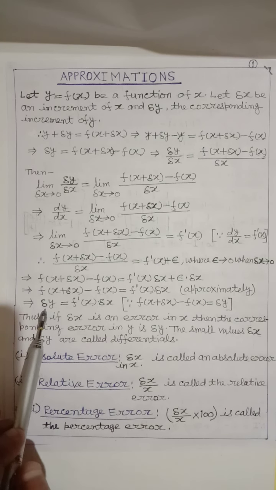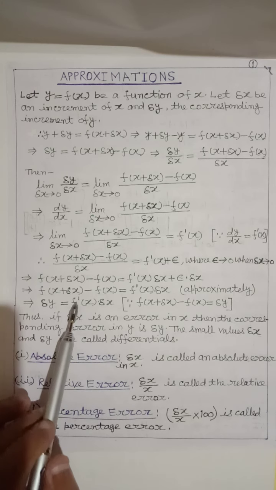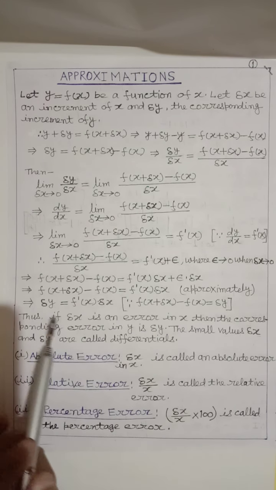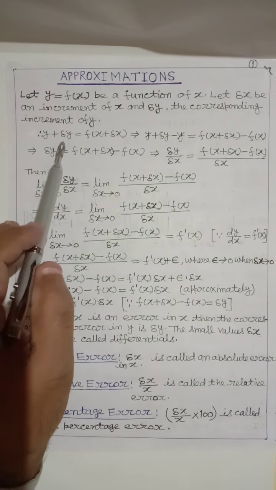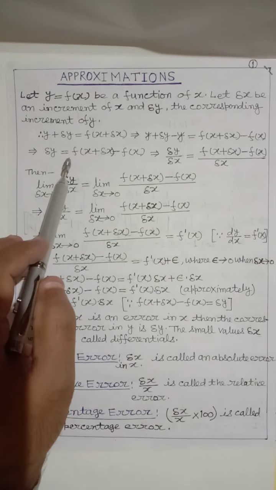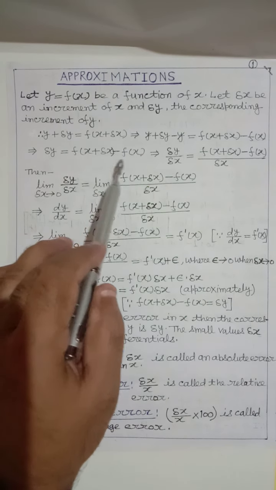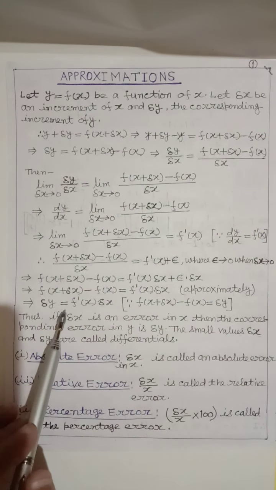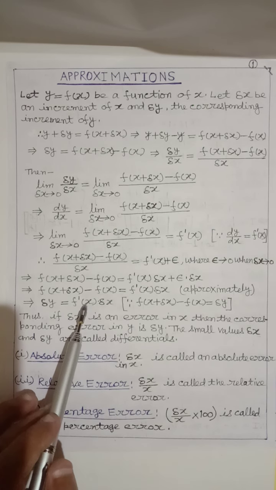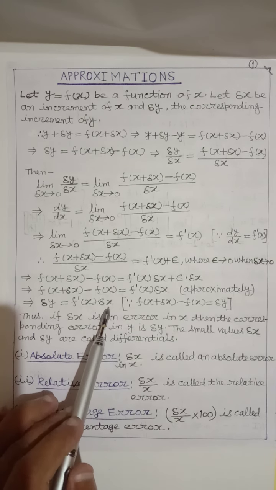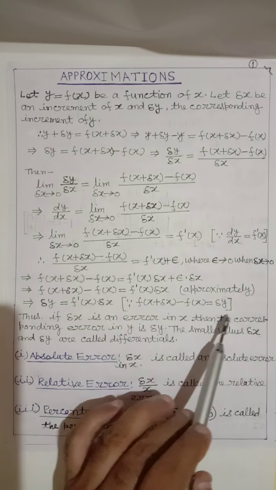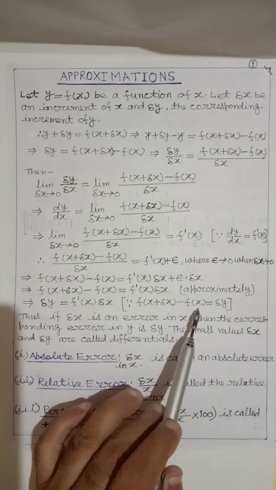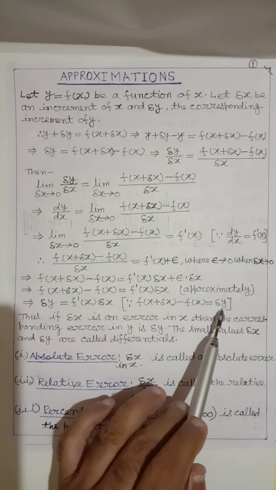Therefore del y equal to f dash x into del x, because from above del y equal to f of x plus del x minus f(x). So we have written here del y equal to f dash x into del x. Here we have given already f of x plus del x minus f(x) is equal to del y.